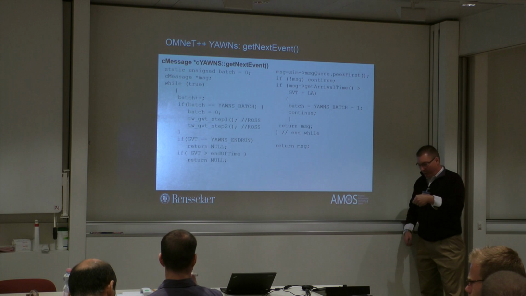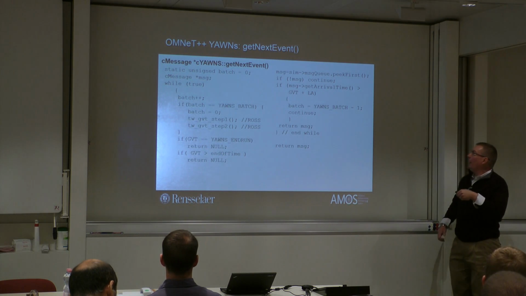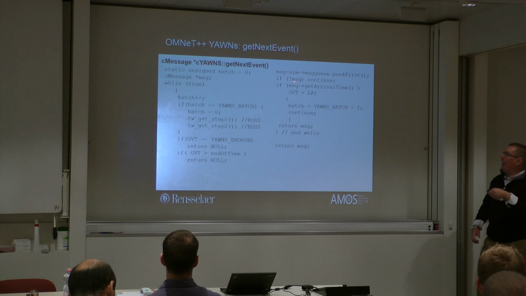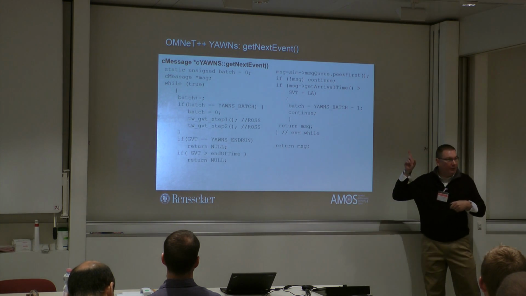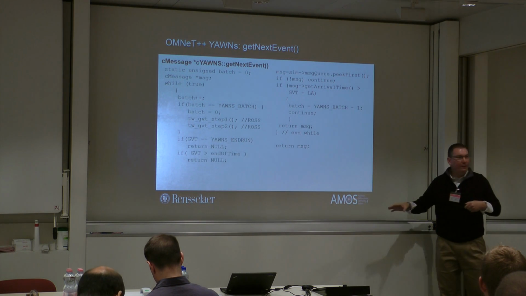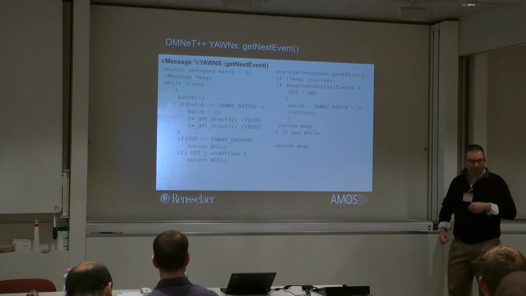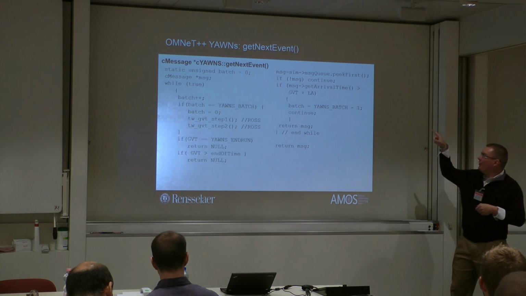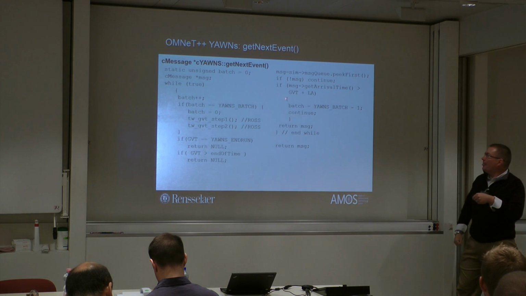We also say, of course, if we're greater than the end time of the simulation, go ahead and return null. So then how this works is we grab the message out of the priority queue. If there isn't one, we continue through this and keep going until there is one. This prevents folks who have nothing to do from not being in GVT. We just leave them in the GVT algorithm, and they'll keep trying to compute a GVT, because if there's no work they have, you're probably coming close to the end of your simulation.